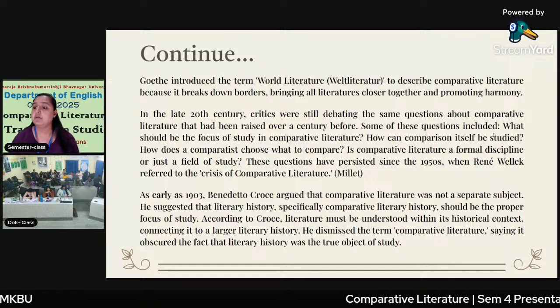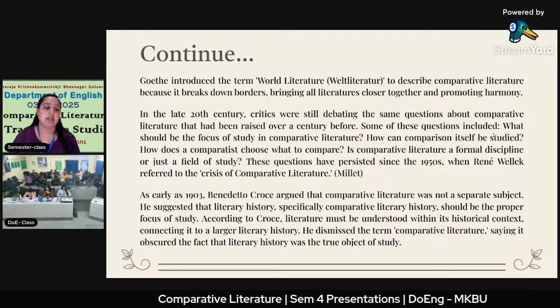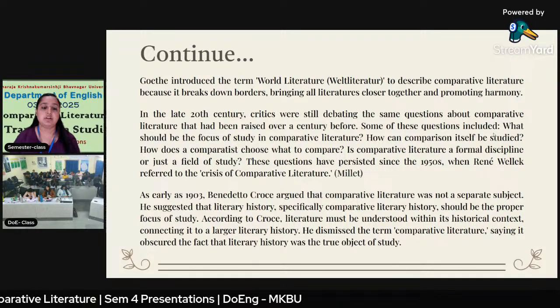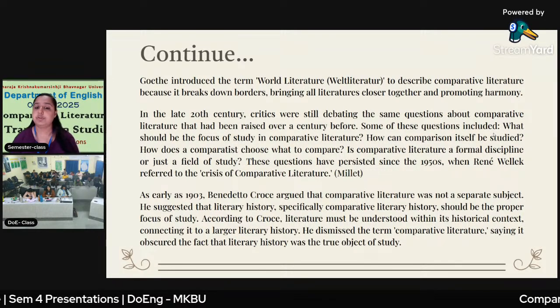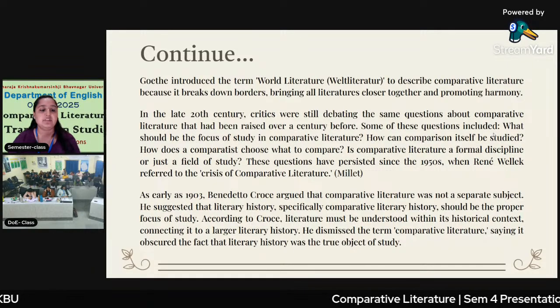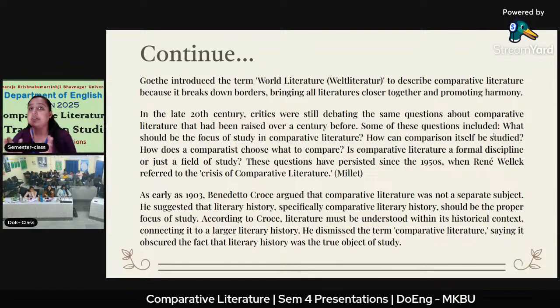When Wellek referred to the crisis of comparative literature, as early as 1903 Bennett argued that comparative literature was not a separate subject, but suggested that it is art and literary history.